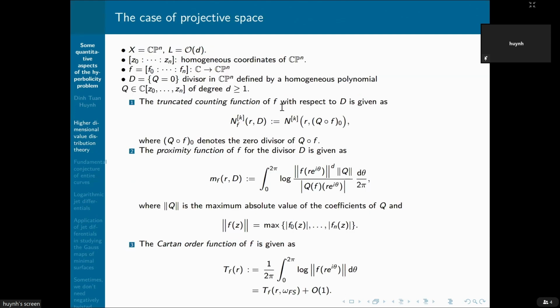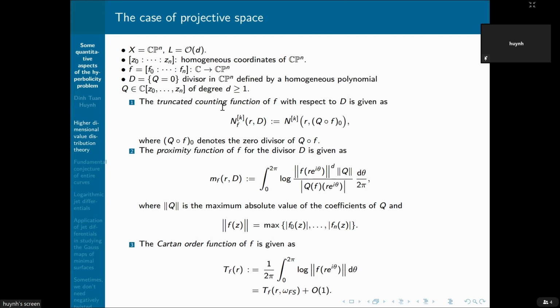Normally, if you work in CP^n with homogeneous coordinates, and suppose you have a reduced representation of the holomorphic curve f from C to CP^n, and a divisor D of CP^n defined by a homogeneous polynomial of degree d, then you can translate the above definitions of the truncated counting function, the proximity function, and the order function.